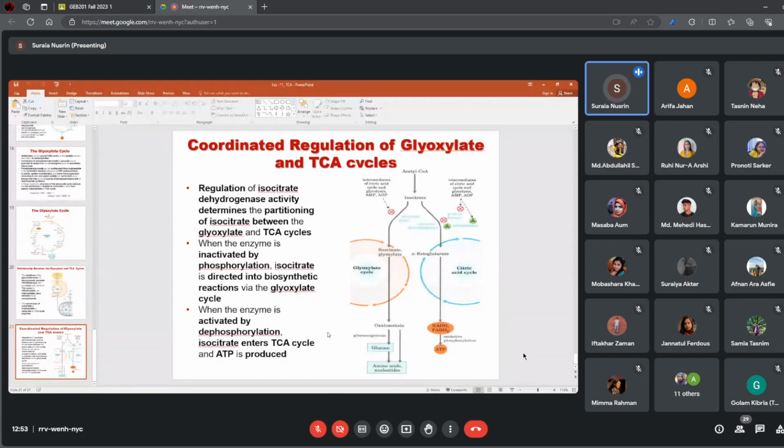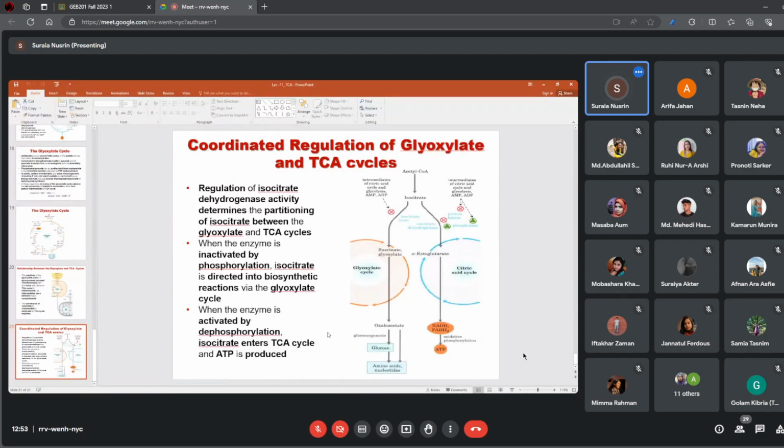Okay, so this is the end of our TCA cycle, and the TCA cycle is a common metabolic pathway for other nutrients as well, that means for fatty acids as well as amino acids. At first we learned the catabolism of glucose, and we have seen how glucose is catabolized.